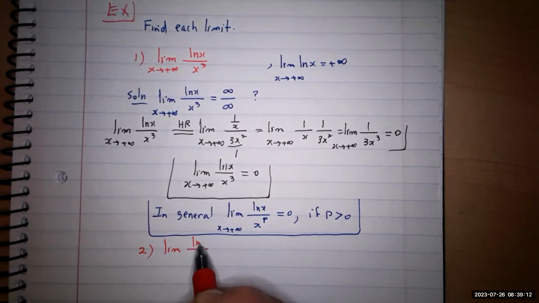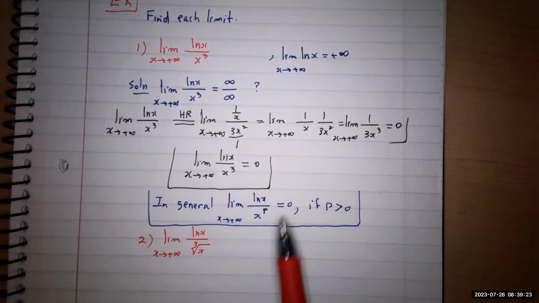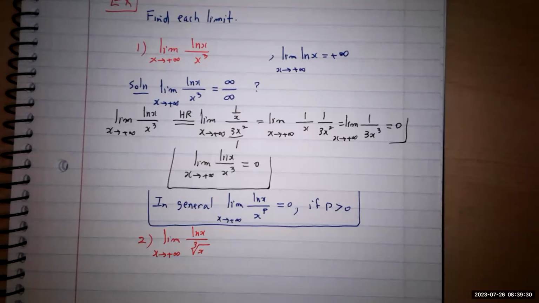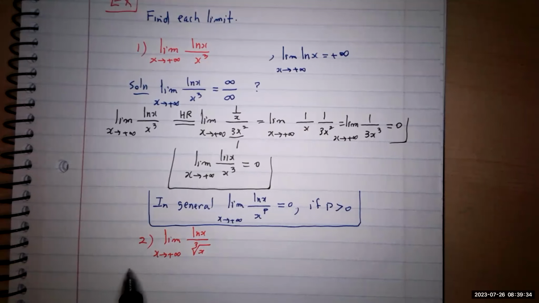You see ln x, something like, how about, let's have cube root of x when x goes to positive infinity. You know the answer must be 0. But you have to show it, you have to prove it. Okay? Again, confirmation, solution, confirm.